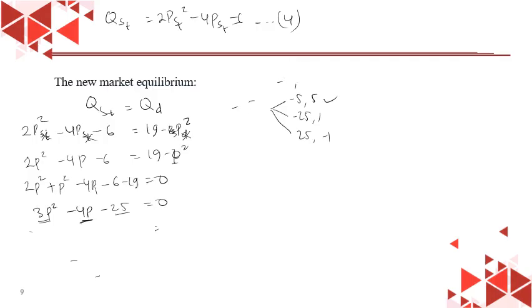So what is the ABC formula again? Minus b plus minus square root of b squared minus 4ac over 2a.